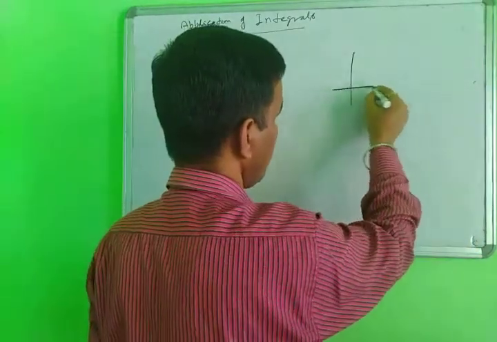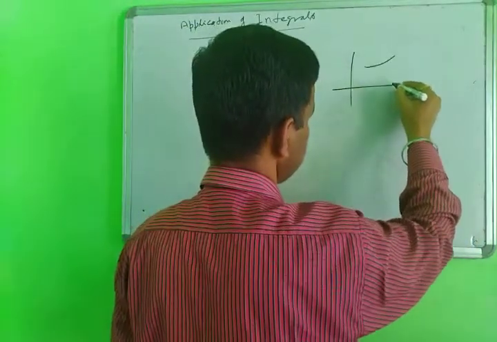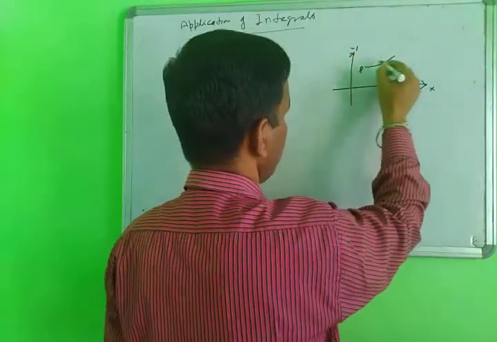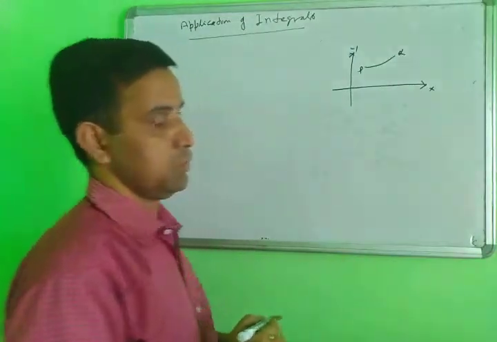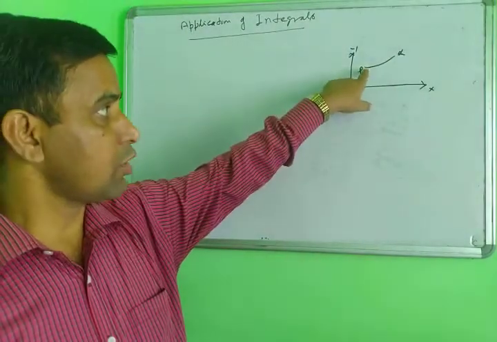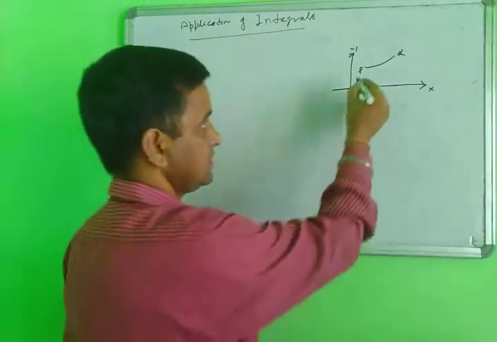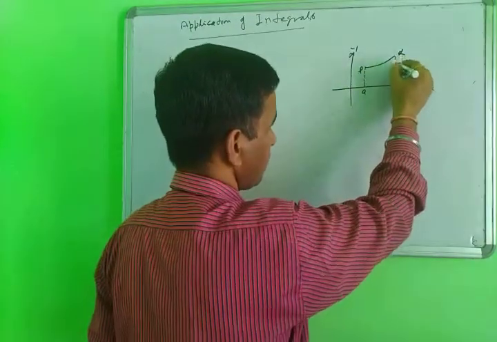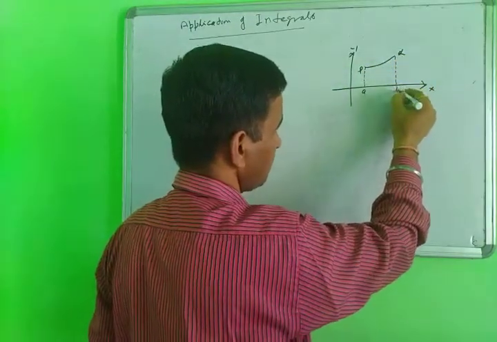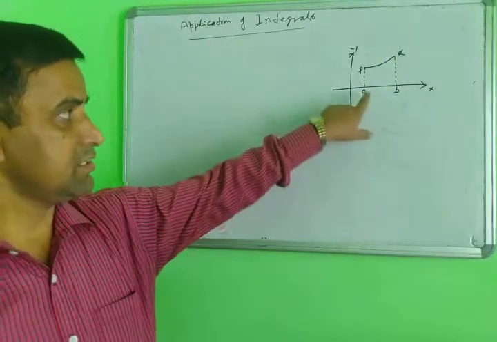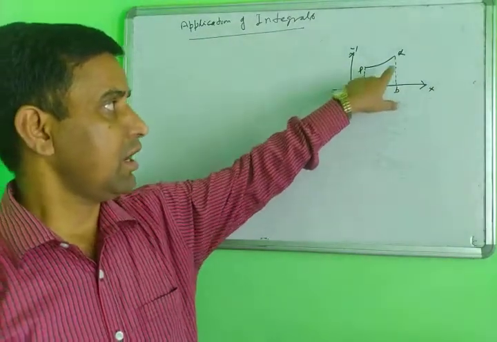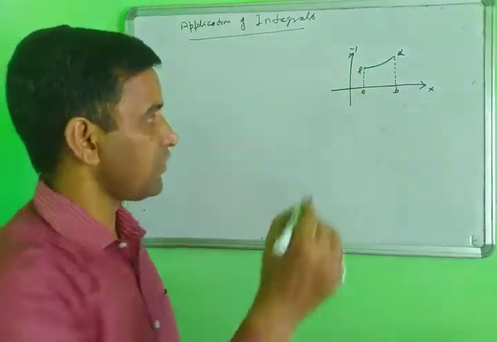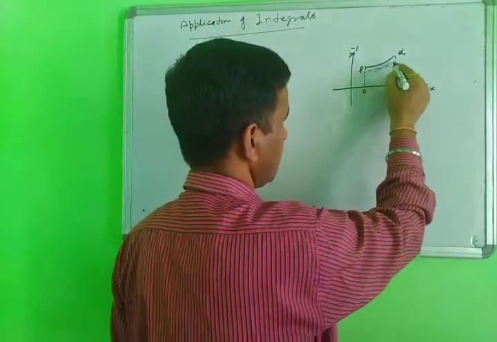Suppose you have a simple closed curve in this shape. This is the x-axis, this is the y-axis. The name of this curve is PQ. The lower limit of this curve is A and the upper limit is B. So how to find the area of this portion?